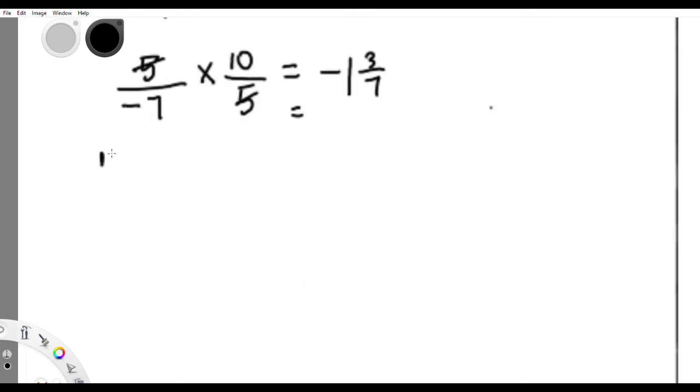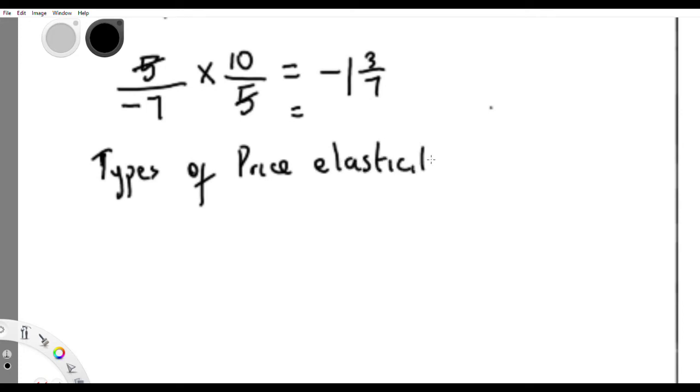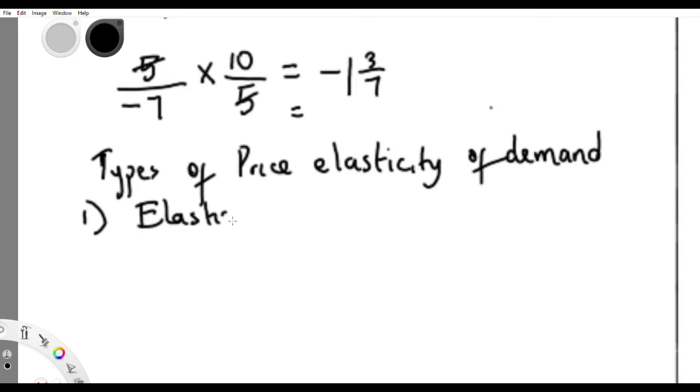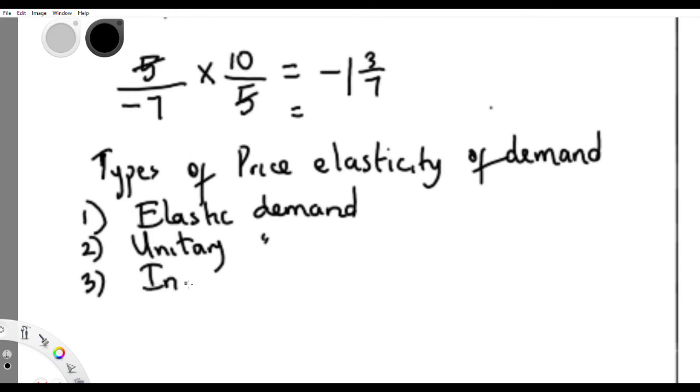Now this brings us to the types of price elasticity of demand. Okay, number 1, we have the elastic demand, we have the unitary, and we have the inelastic demand.